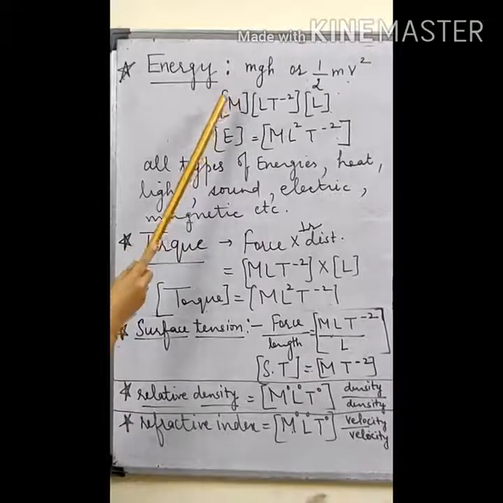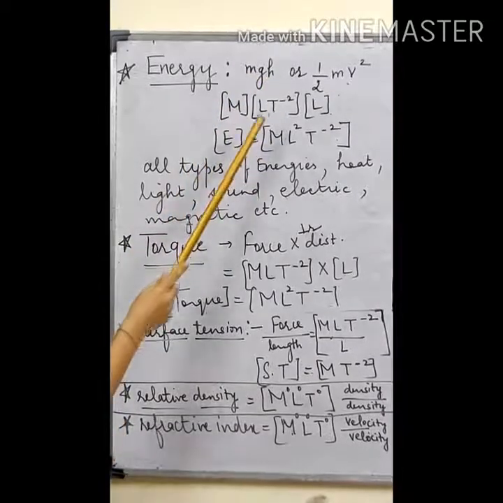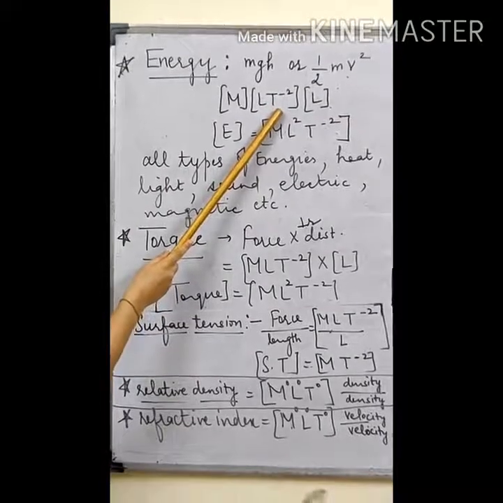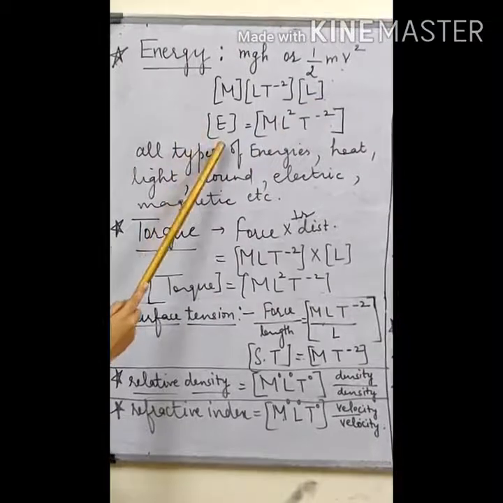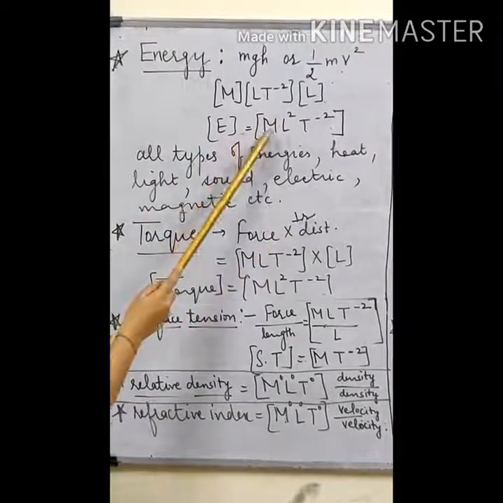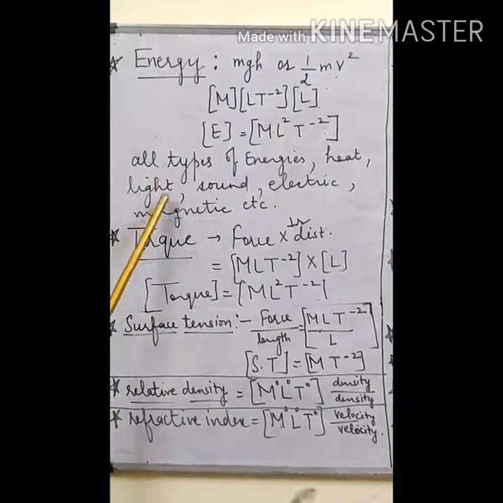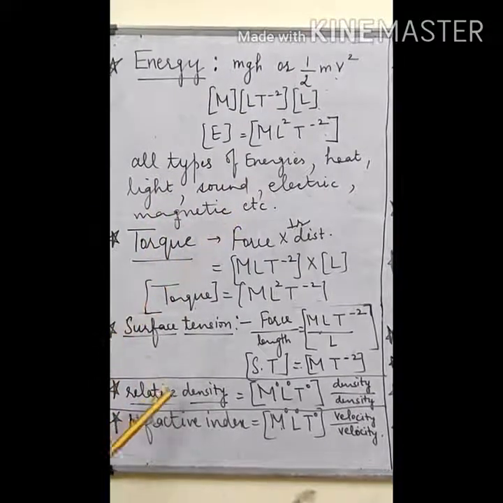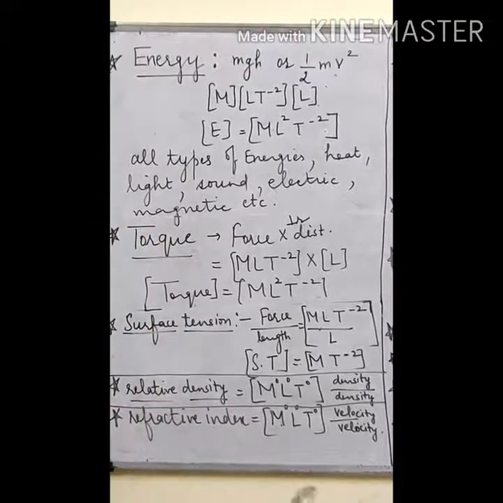Now, mass M, g is also an acceleration, hence the dimension will be same as the acceleration, LT^-2. Height, L. So the dimensional formula for all types of energies is ML²T^-2. Whether it is heat energy, light, sound, electric energy or magnetic energy, all will have the same formula.